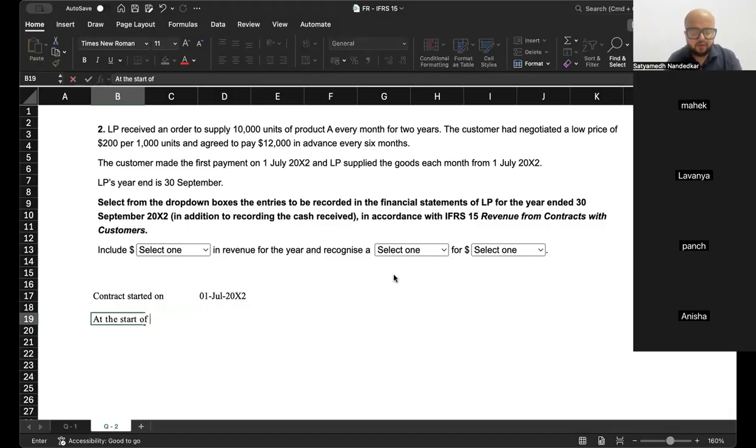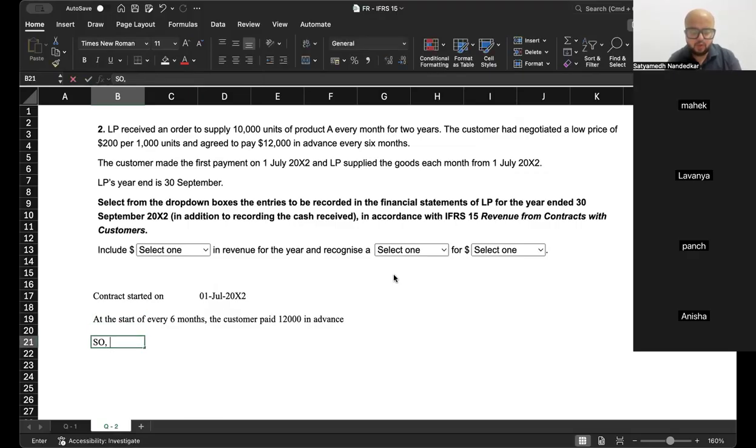Now, at the start of every 6 months, the customer paid 12,000 in advance. So, on 1st of July 2002, the customer must have paid 12,000 at the start of every 6 months, right?